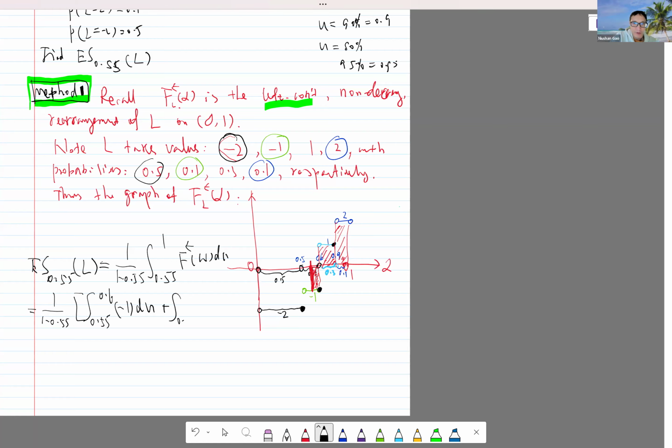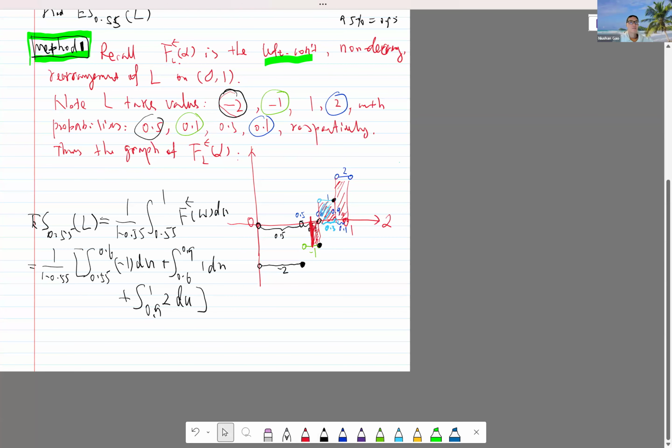Then from 0.6 to 0.9, on the second piece the value of the function is 1, du. And then integrate from 0.9 to 1, where the value of f left arrow is 2, du. This is what you have.